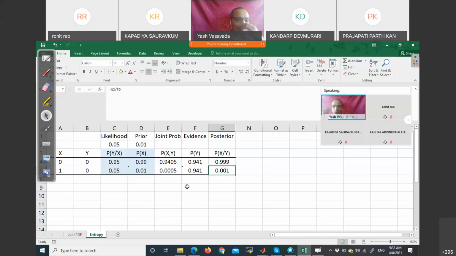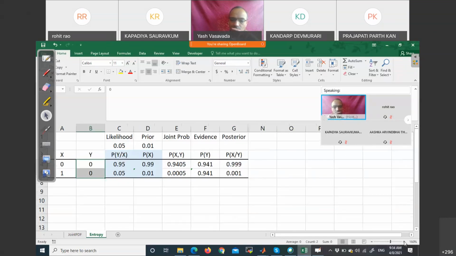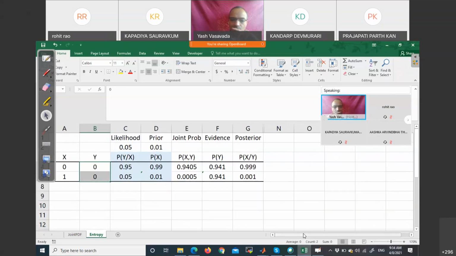Now, what do you think has happened to the conditional entropy? In this case, when y was 0, do you think it would have gone up or gone down compared to the unconditional entropy H of x? Go down, correct.